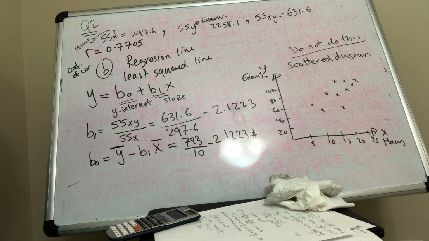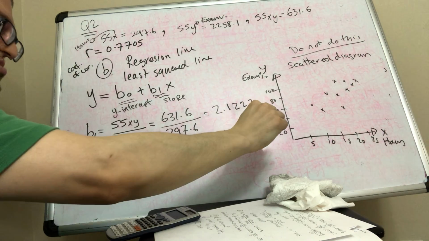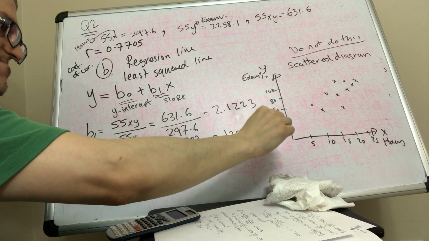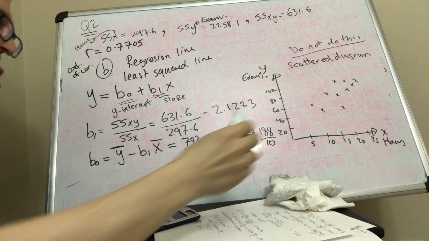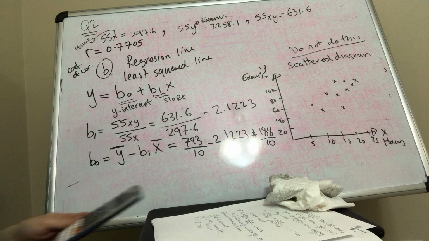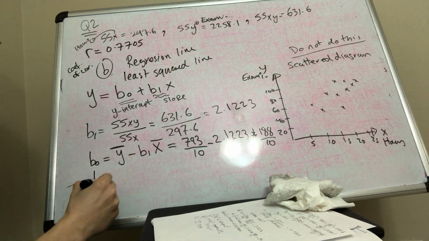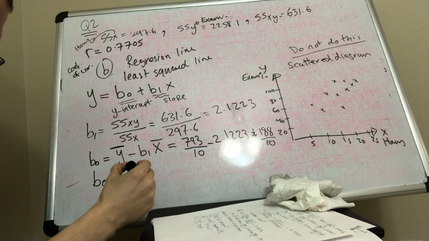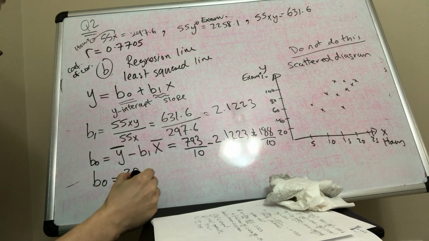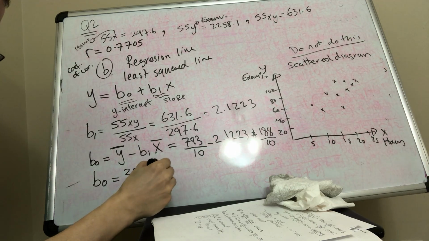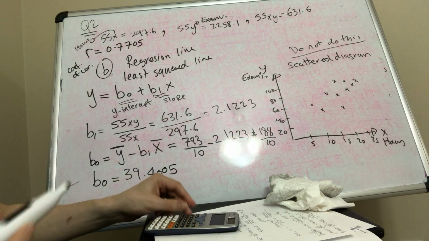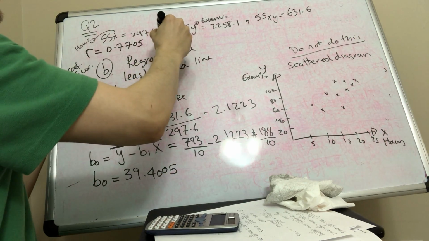Adding the numbers for x, they add to 188. You also divide by 10 students. So you do this. So B0 is 39.4005. I'm going to add this to my summary here.